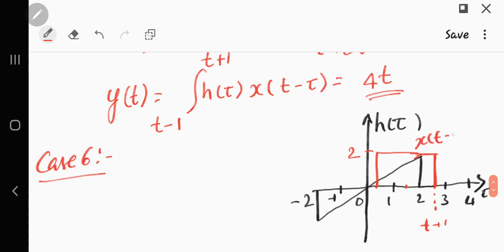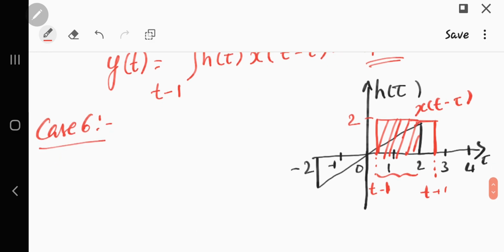So this is my x of t minus tau. Now the overlapping region is this much. From where to where is it overlapping? It is overlapping from t minus 1 to plus 2. So this is the overlapping region.